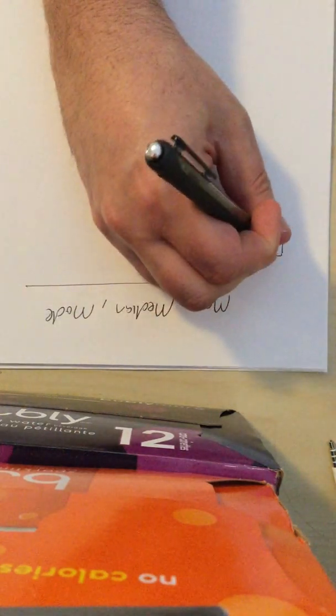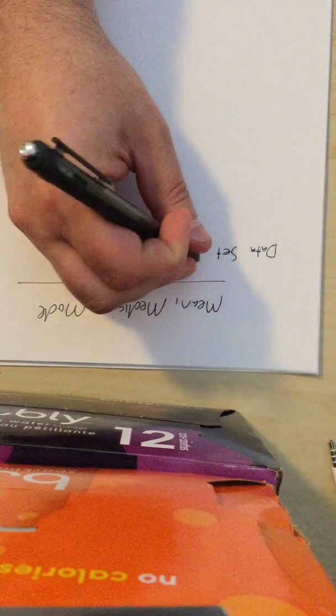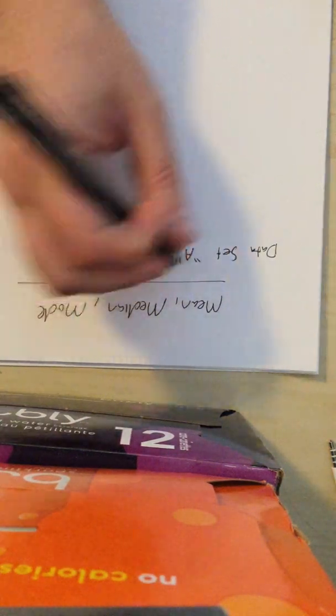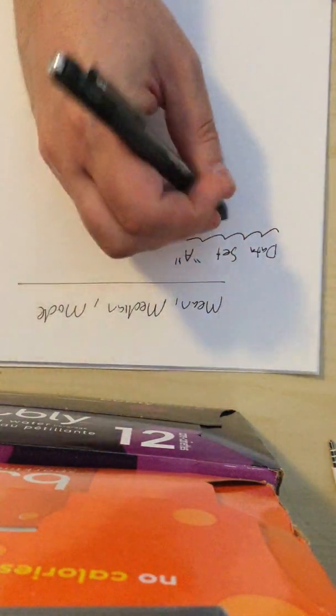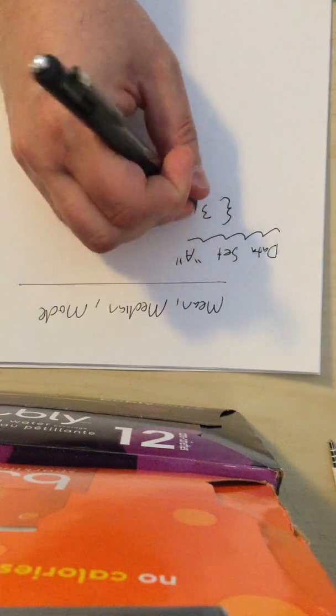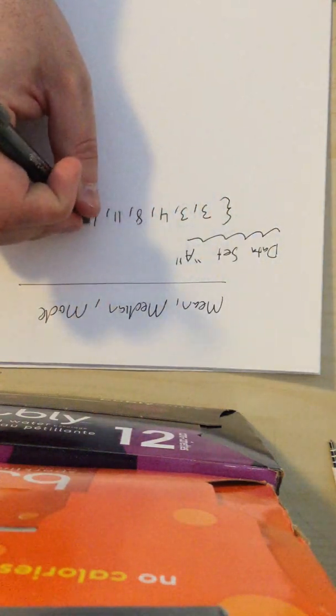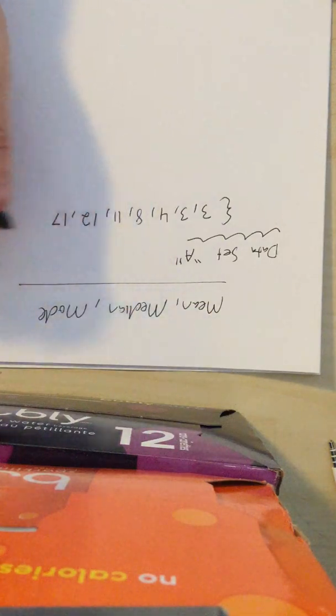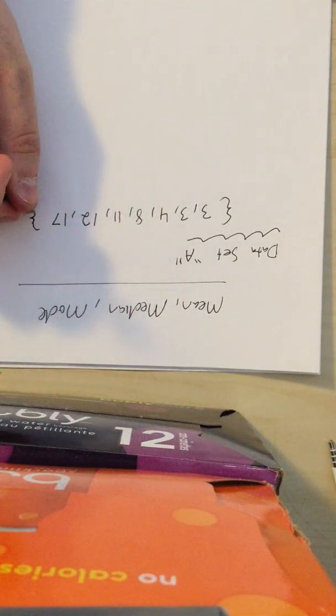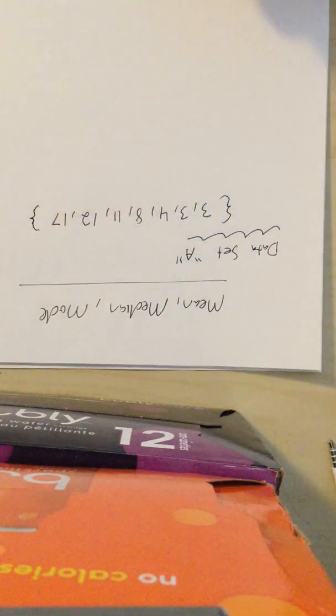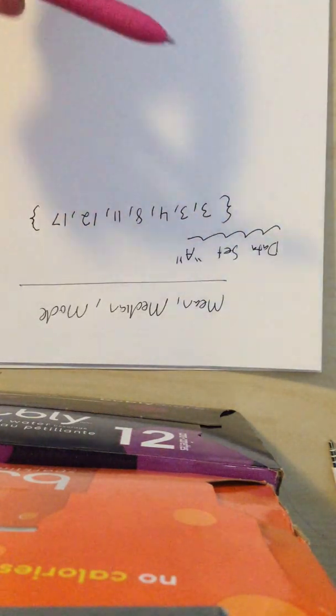Right, so let's say, for example, we'll have our data set A. And I'm going to say that the numbers there are going to be 3, 3, 4, 8, 11, 12, and 17. Those are the curly brackets from domain and range, if you remember that from last year, potentially.